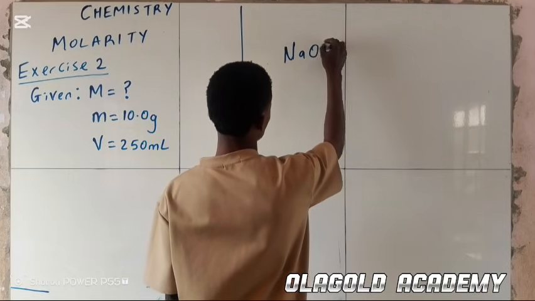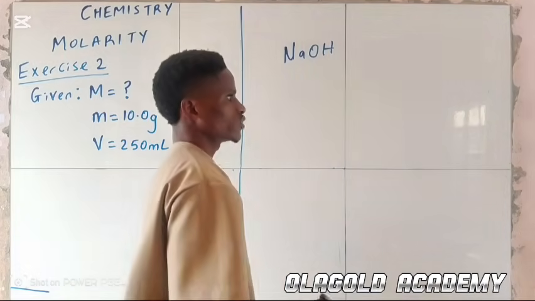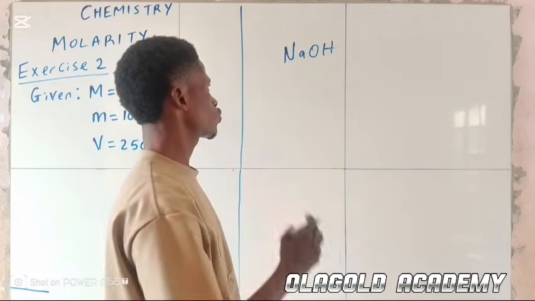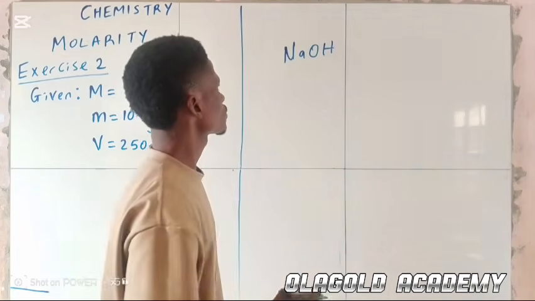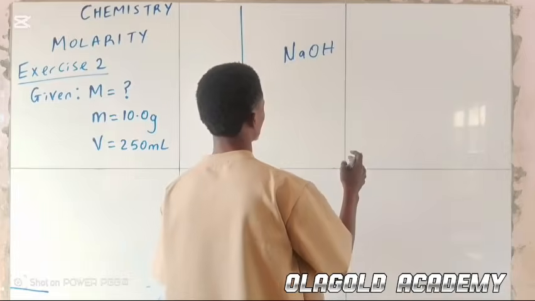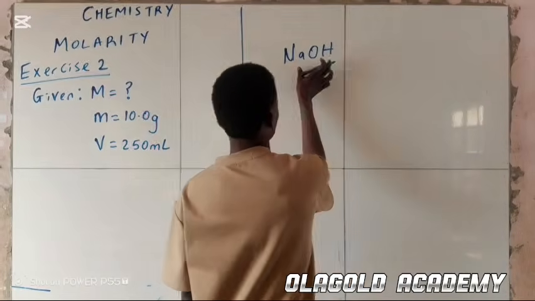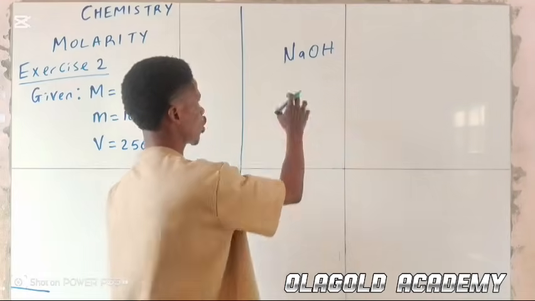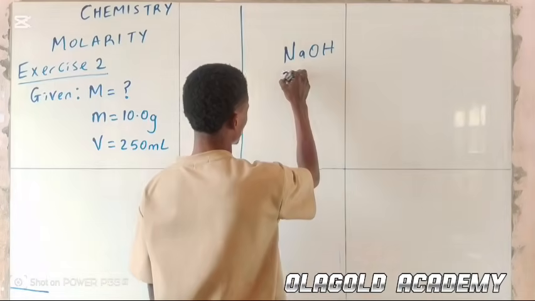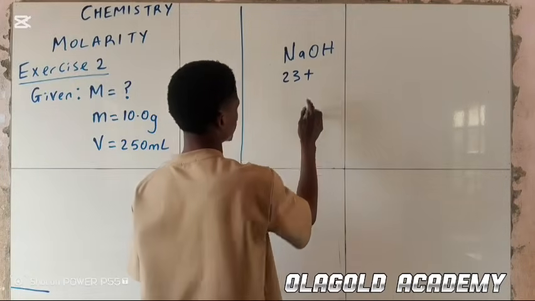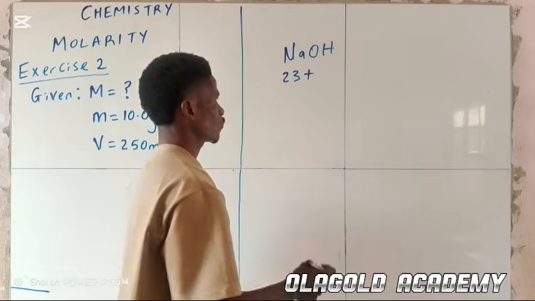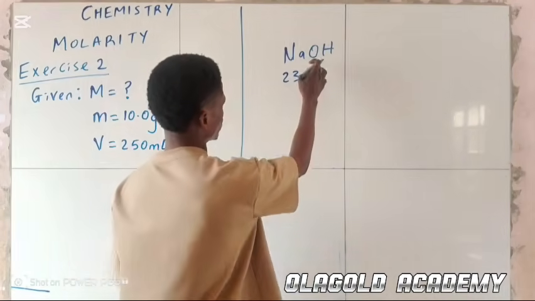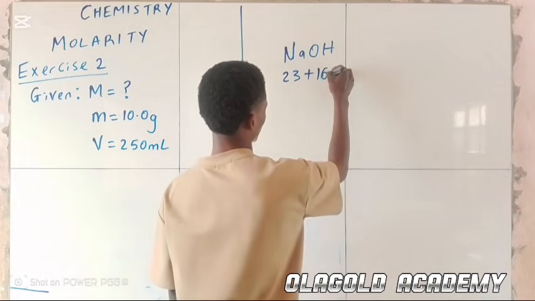So now let's calculate the molecular mass of sodium hydroxide. The atomic mass of sodium is 23. The atomic mass of oxygen is 16.